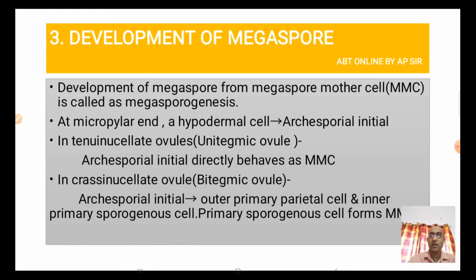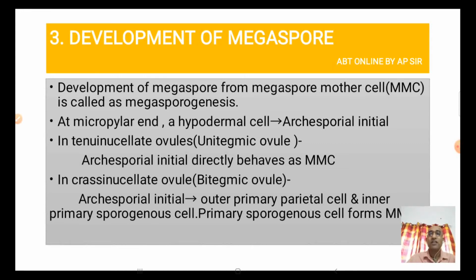Such ovules are generally unitegmic ovules, and these are called tenuinucellate ovules. In unitegmic ovules, generally the archisporial initial which is formed from the hypodermal cell directly behaves as megaspore mother cell.